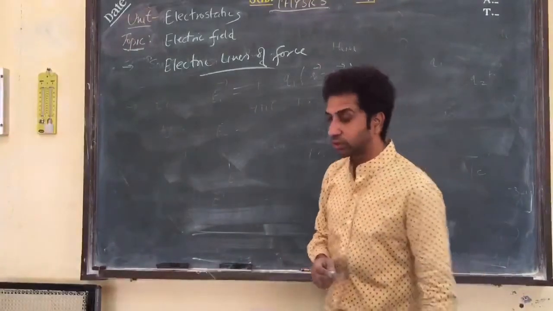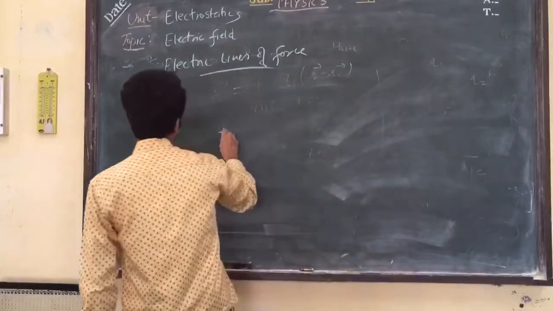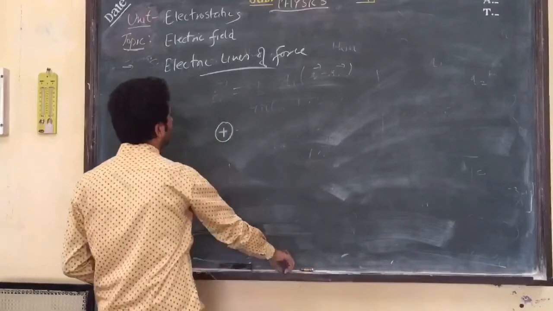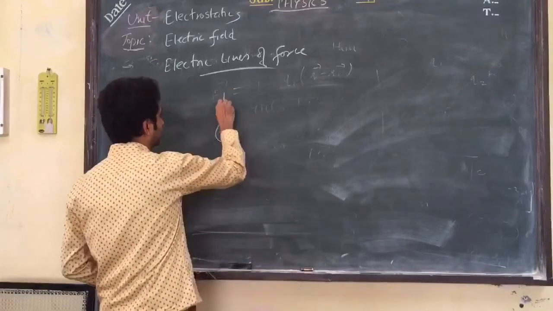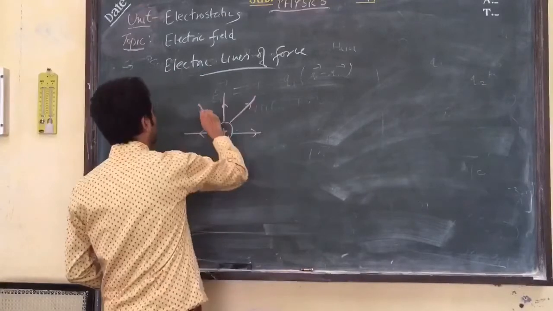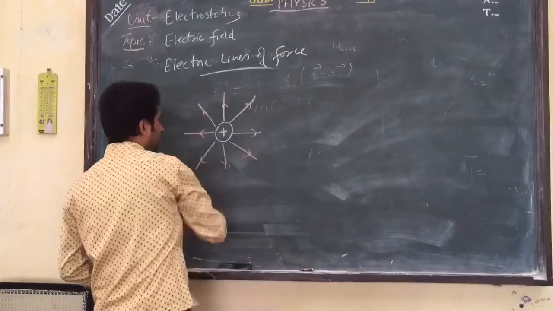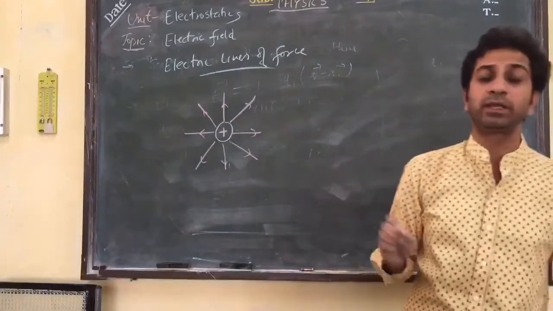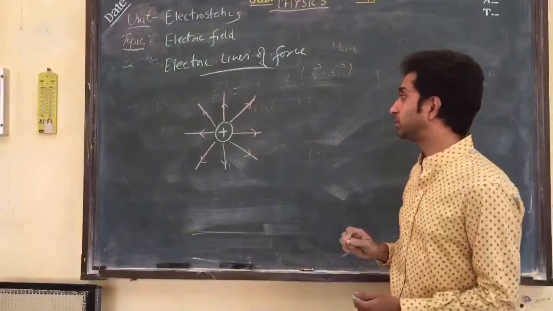of force. So simply you can say that if you have a positive charge, then the way to represent the electric lines of force is like this: arrows away from the positive charge. The more lines you draw, the stronger the electric field exerted by a given positive charge.